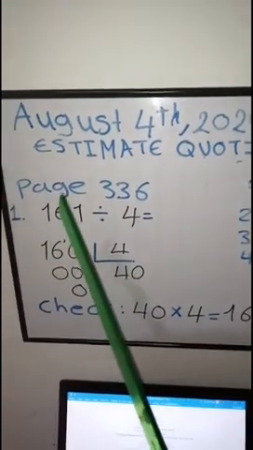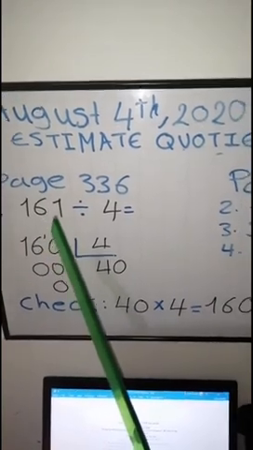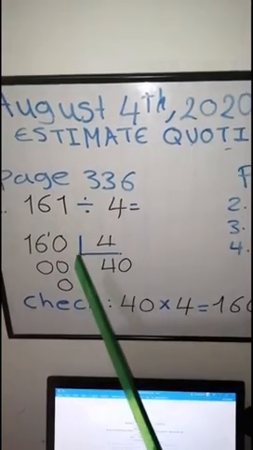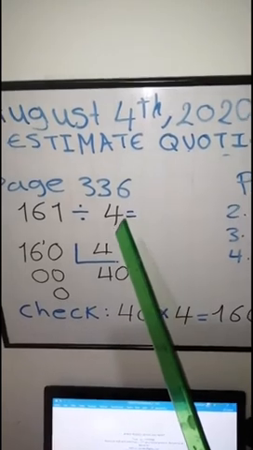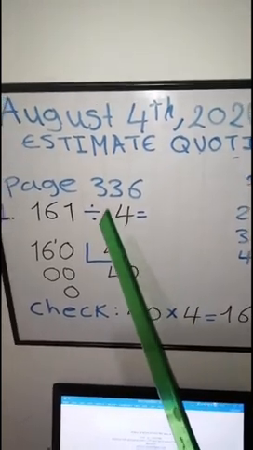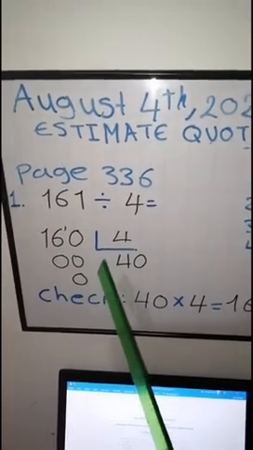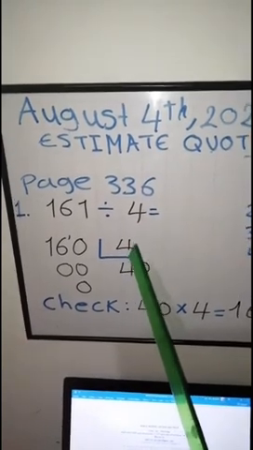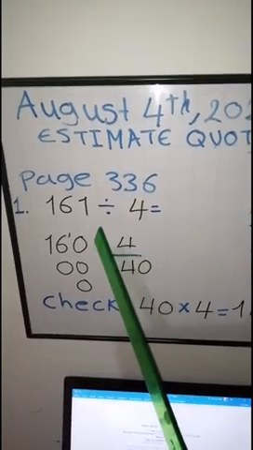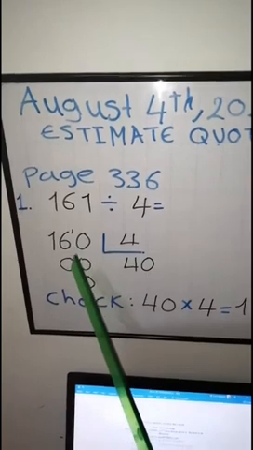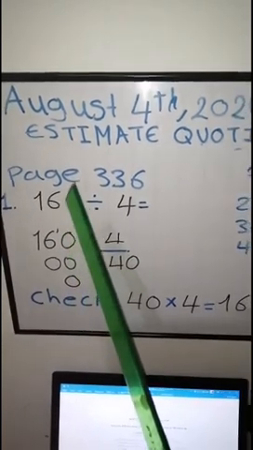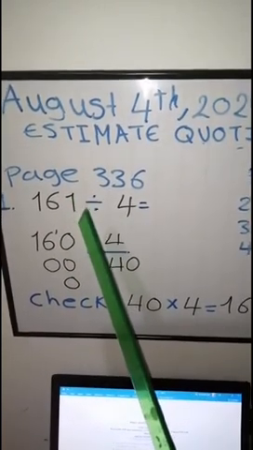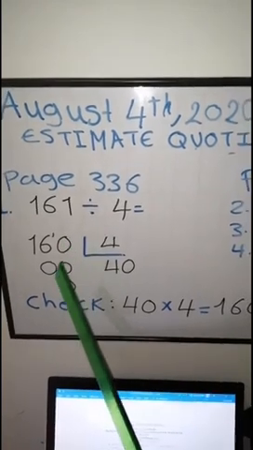So, how many times does the number 4 go into 16? 4. 4 times 4 equal 16. 16 minus 16, 0. And we bring the number 0 down.